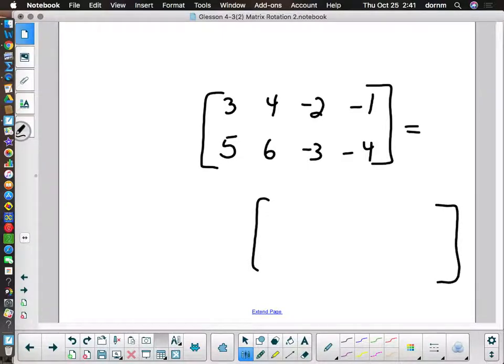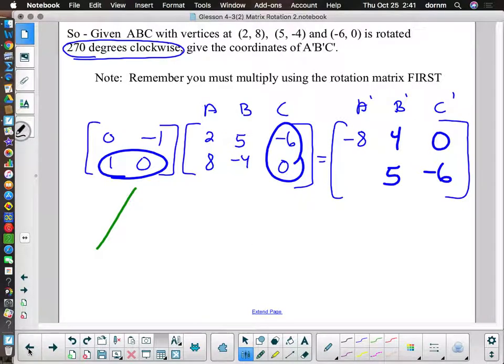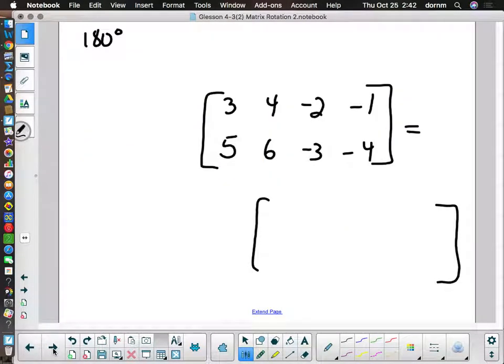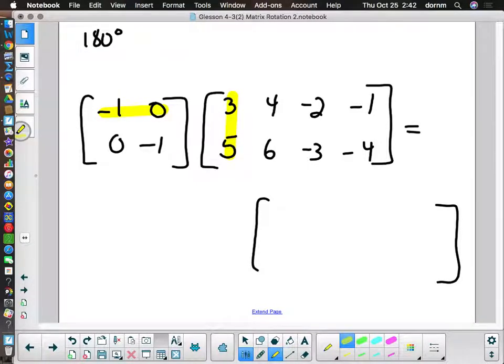I want to rotate this 180 degrees, and I didn't specify a direction, just 180, because clockwise or counterclockwise doesn't matter with 180. So we have to find our reflection matrix, our rotation matrix, excuse me. It's -1, 0, 0, -1. So we're going to put that first. And now we start doing our multiplying. Okay. Row 1 times column 1.